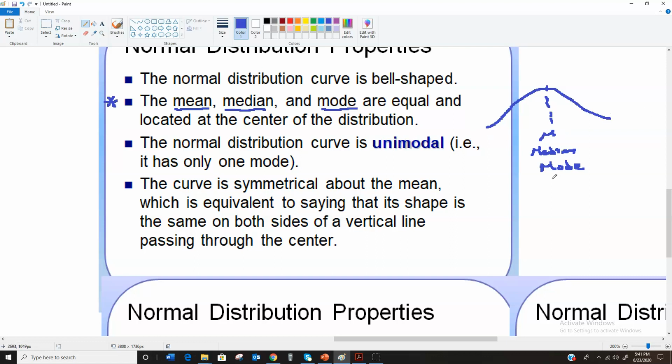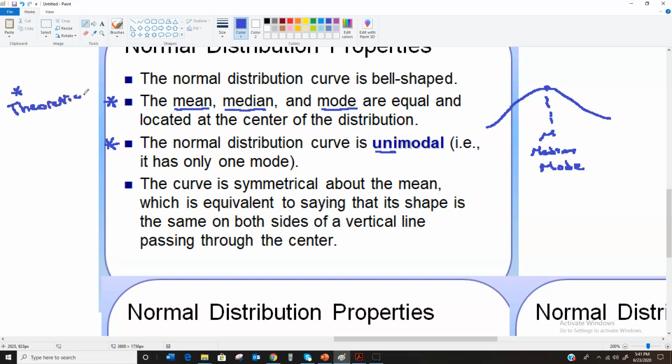The average would be right in the middle because it's all nice and symmetric. The median would be in the middle because it's symmetric. And the most often occurring value would be in the middle because that's where the peak of the curve is. So the mean, median, and mode would all be exactly the same. The normal distribution curve is unimodal, uni meaning one, so it has one mode, meaning it peaks in the middle. And that, again, is if it was theoretical.